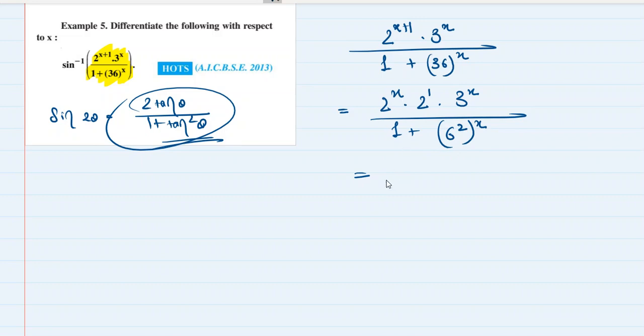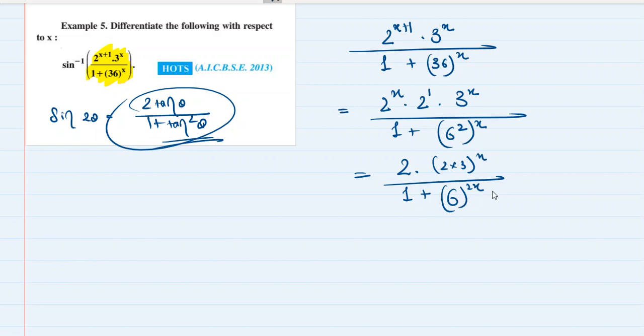So this will become 2 multiplied by 2 raised to x into 3 raised to x is 2 into 3 the whole raised to x, the whole upon 1 plus 6 raised to 2x. No difference in that.